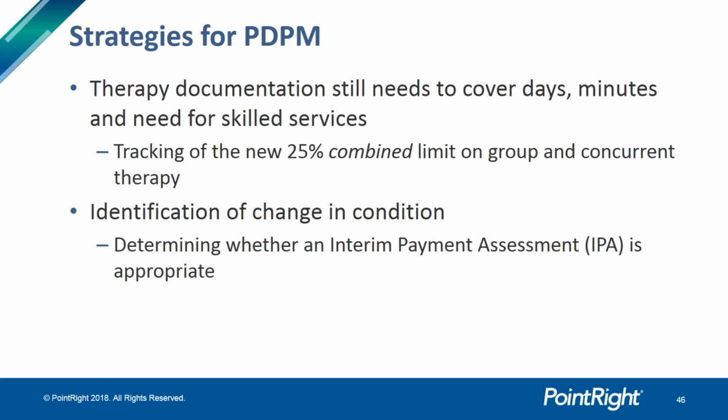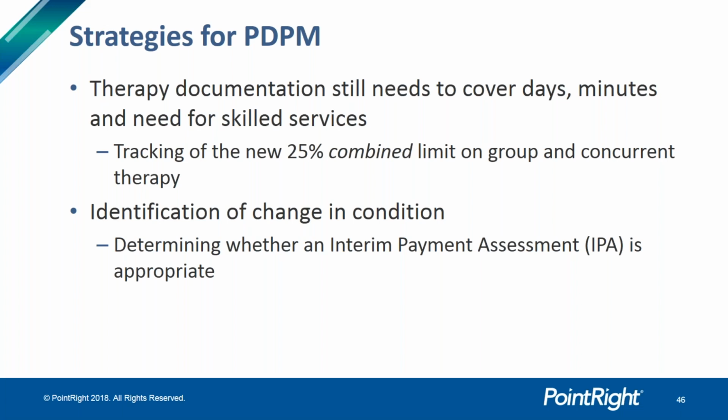Also important is that just because therapy isn't front and center in the RUG category as it was before PDPM doesn't mean that the documentation doesn't need to support reasonable and necessary delivery of services. We still are going to need to know the days, the minutes, and the need, obviously, for skilled services.